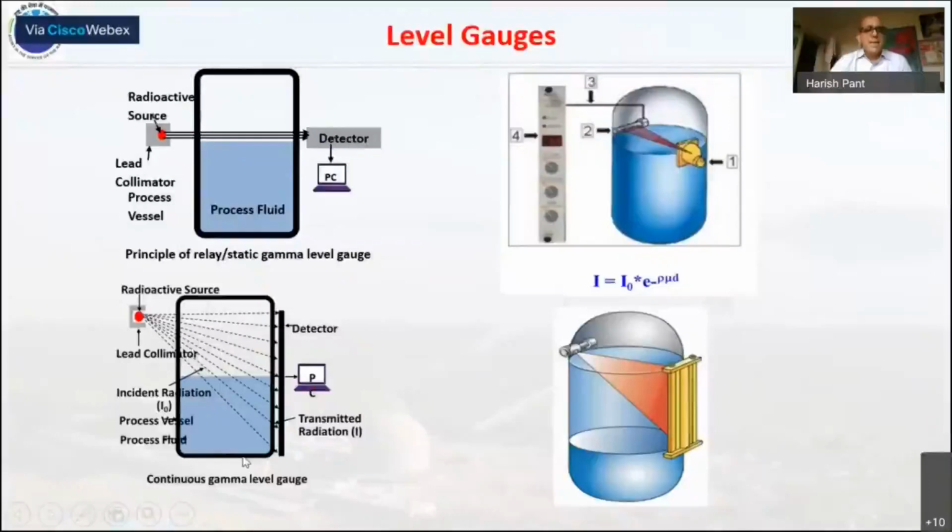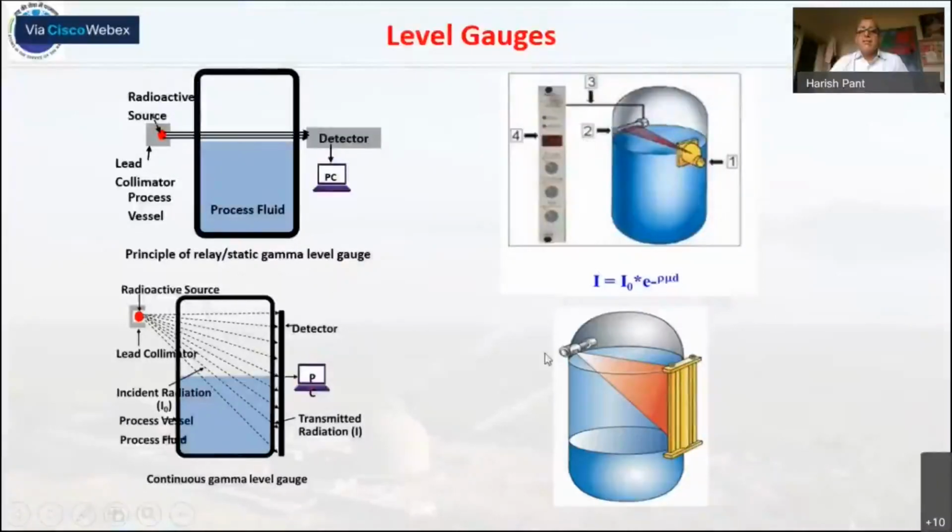But as this container gets filled with the process material, the intensity of the radiation will decrease, and there is a calibration available. If this is the intensity, this much will be the level. From this data, one can find out the level of the liquid in this container.